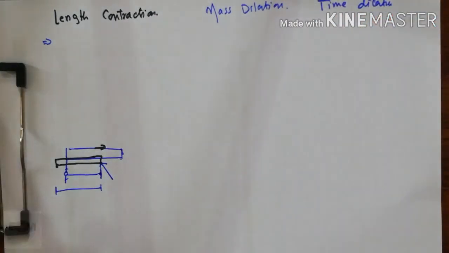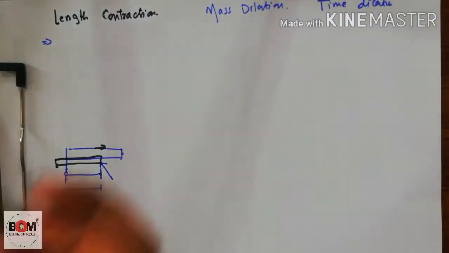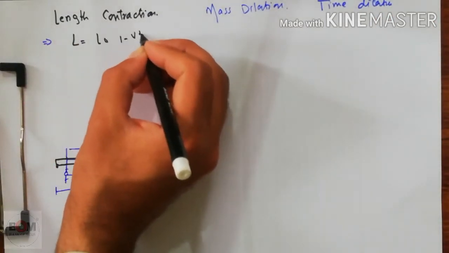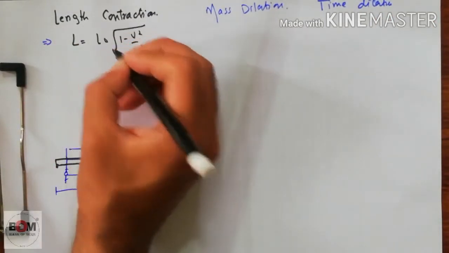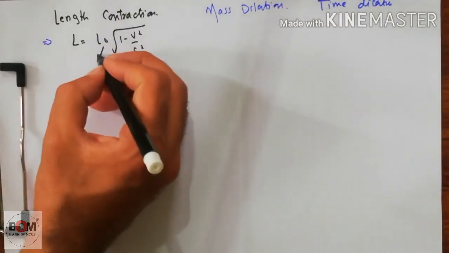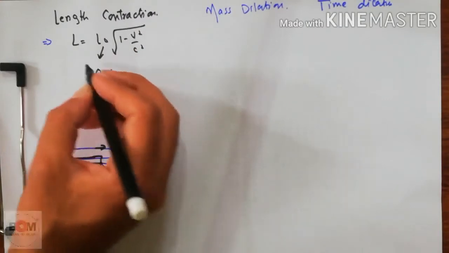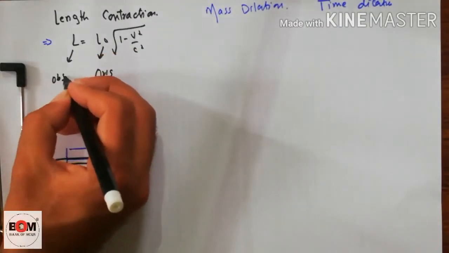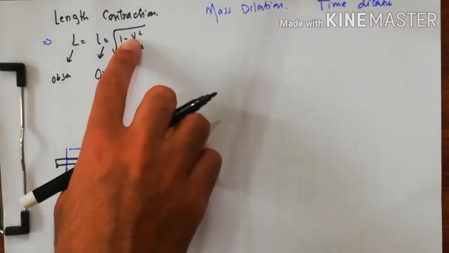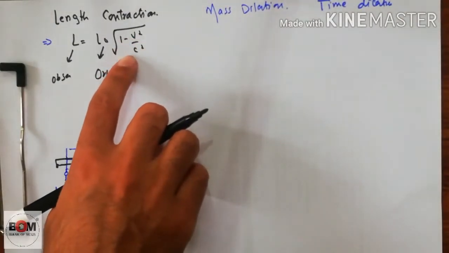Each one has its own formula. For contraction we will use L is equal to L naught under the root of 1 minus V square divided by C square, where L naught is original length and L is observed length. V is velocity and C is the speed of light.